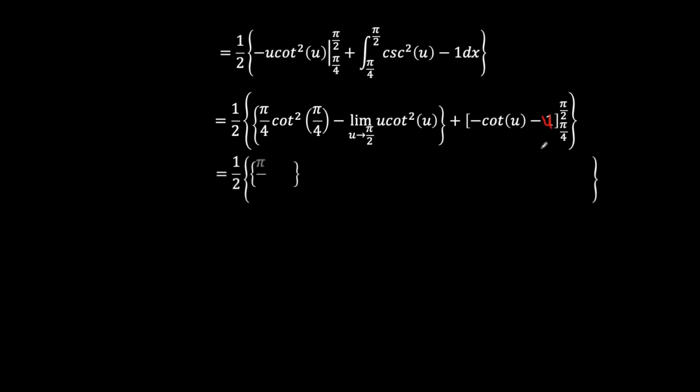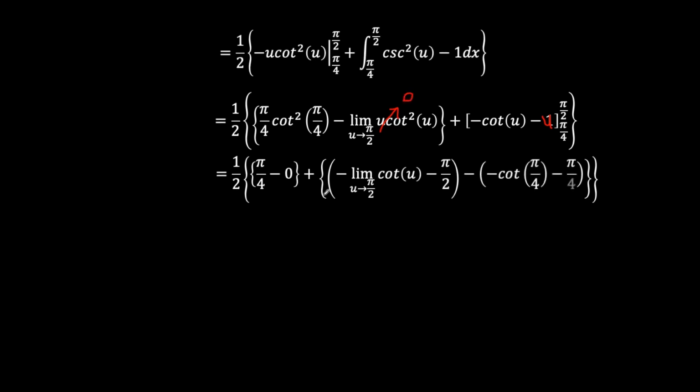And so substituting in the limits, as I said, this tends to 0, and this remains pi over 4. And with this at pi over 2, this tends to 0.